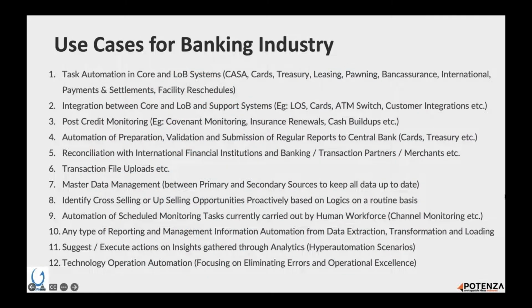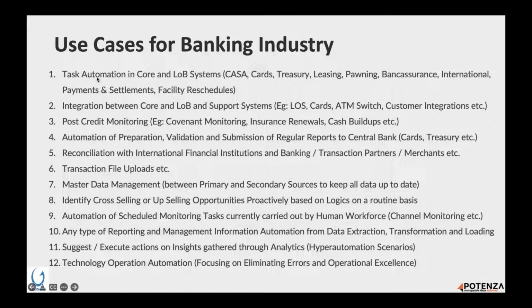Now we are getting into some detailed conversation, with topics in terms of the banking industry. So what can we do? There are multiple use cases. Most of these use cases are ones that we have already done with various banking and financial institutions.